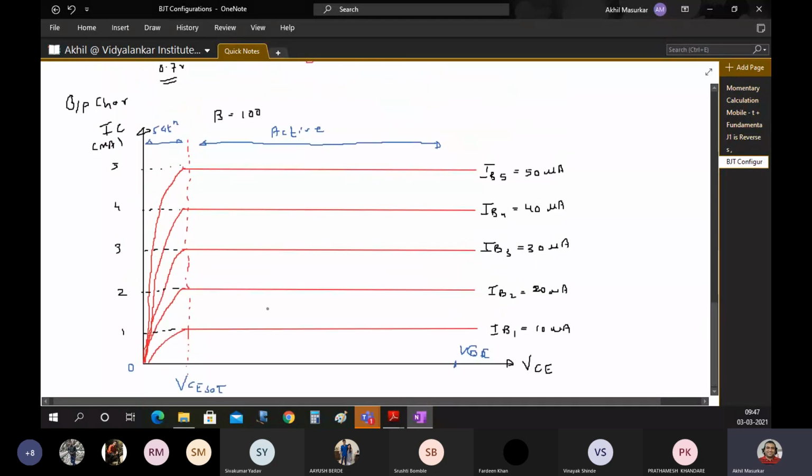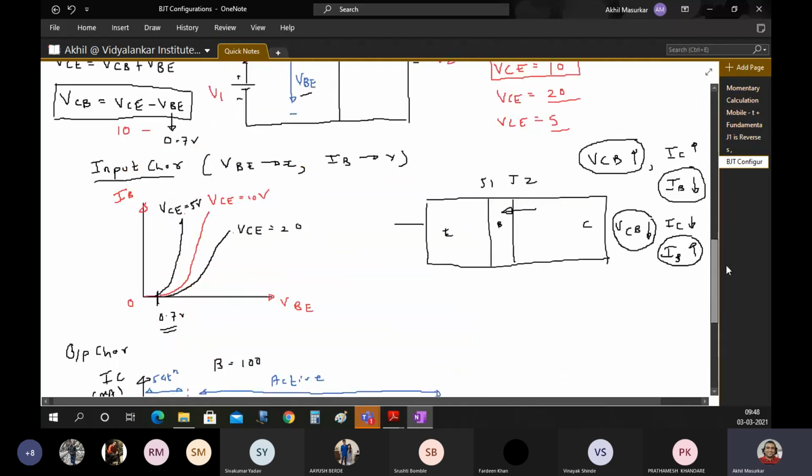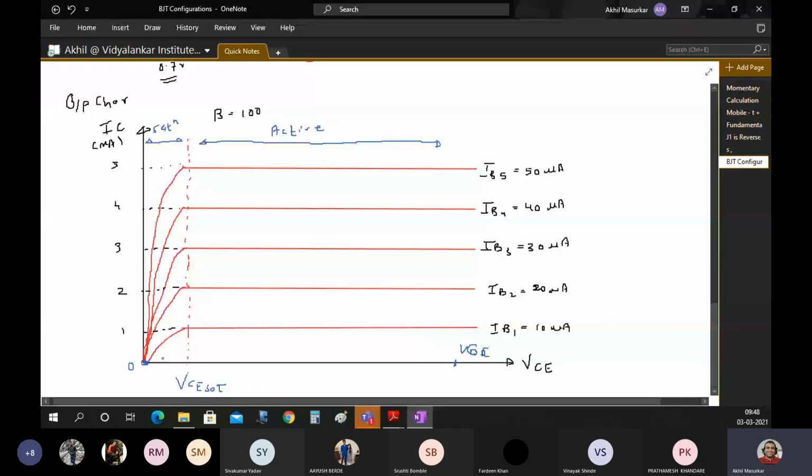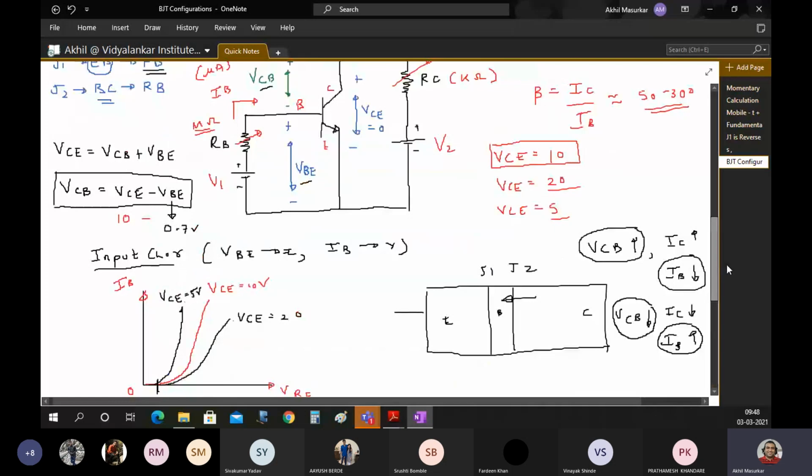Your current will also be 0. Your current will start from 0. There is no voltage to drive the current on the output side, so the current starts at 0. Now we do this for one particular value of IB. That means we have to keep some base current value constant when we are planning to change something on the output side.